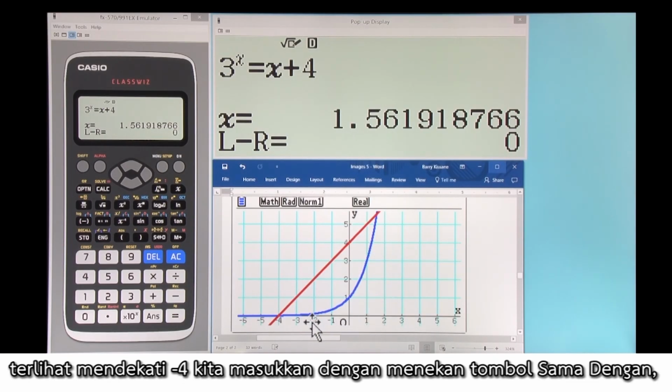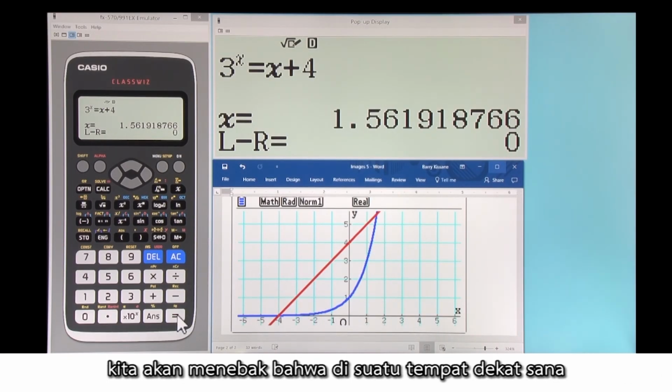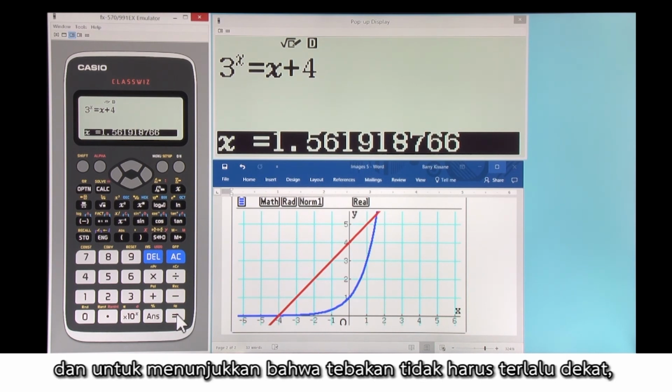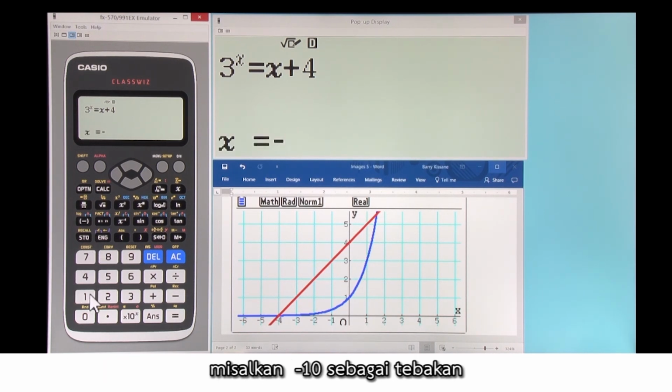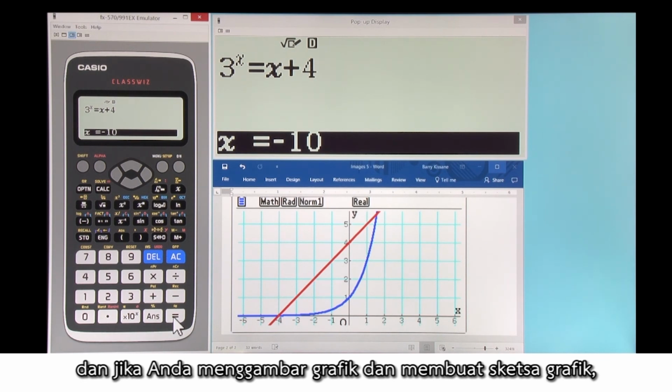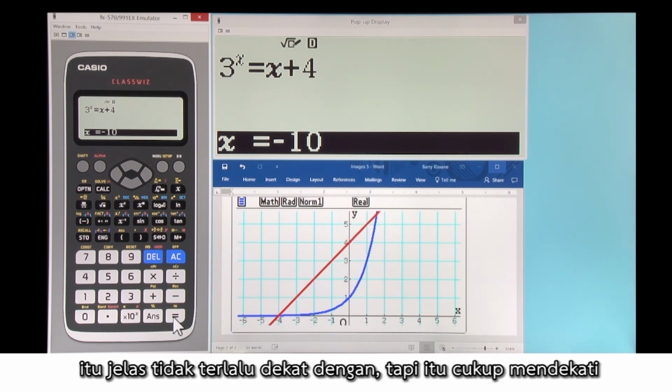Looks close to -4, but we'll tap equals and put in a guess that's somewhere near there. And to show you that it doesn't have to be too close, let's think about, say, -10 as a guess. And the graph, if you've drawn a graph and sketched a graph, it's clearly not very close to that, but it's close enough.